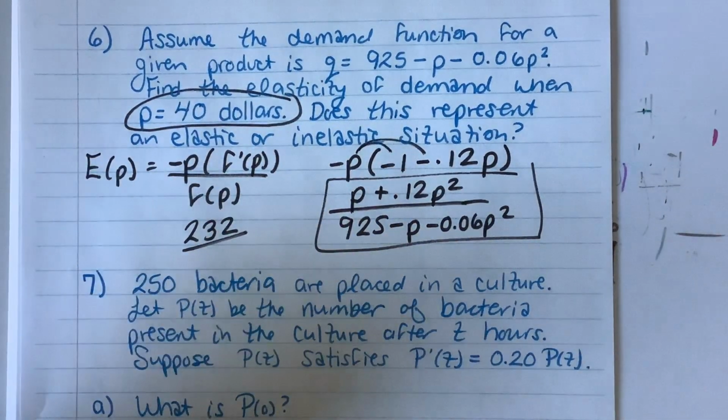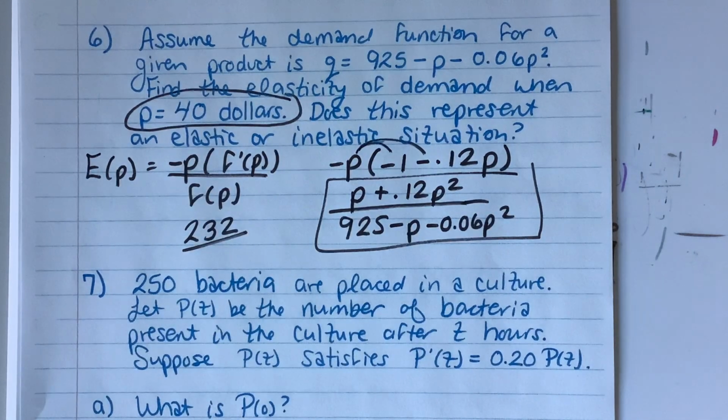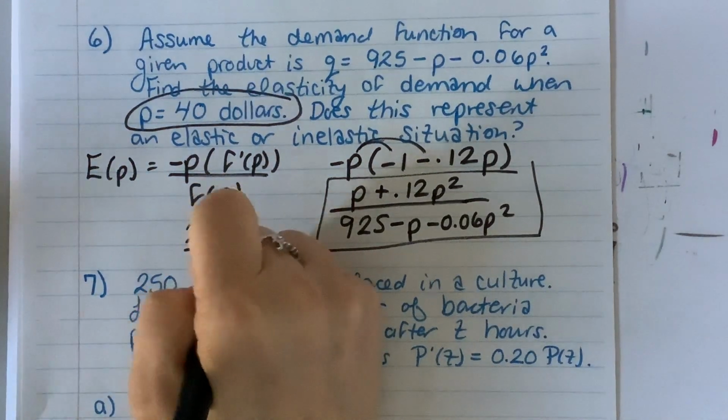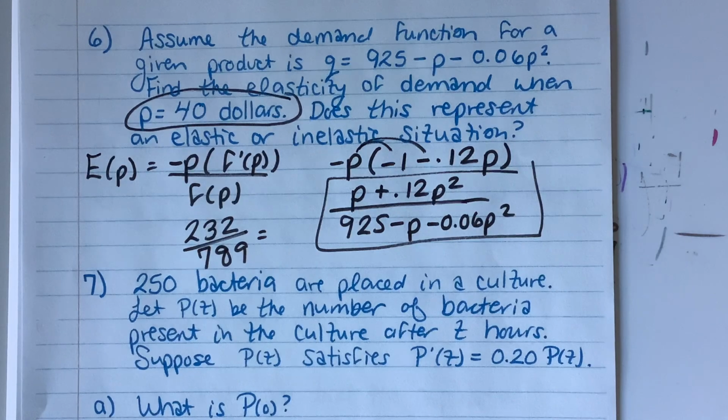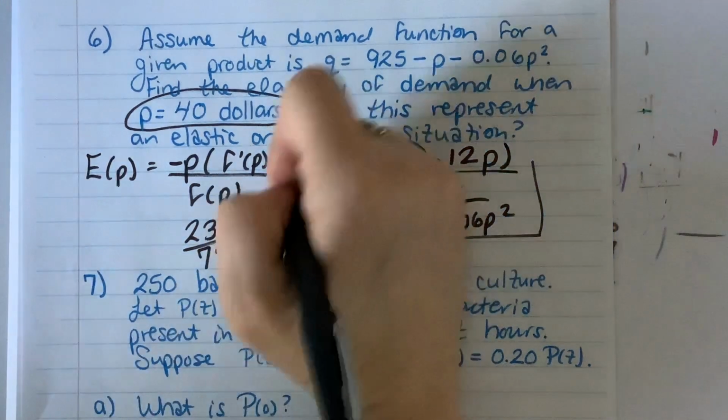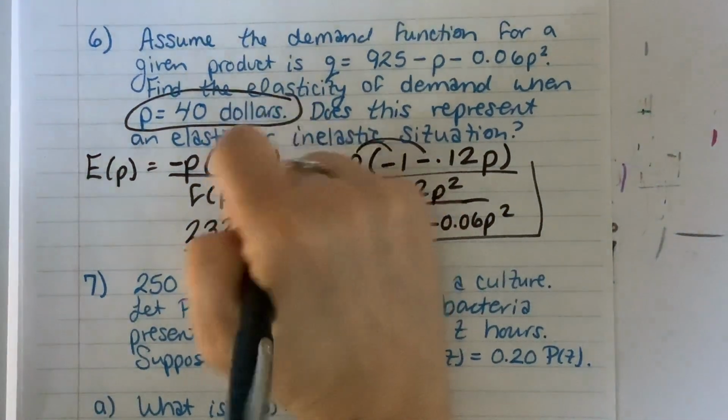Now fill 40 into the bottom. 925 minus 40 minus 0.06 times 40 squared, 789. Now divide the two. 232 divided by 789 is 0.29.